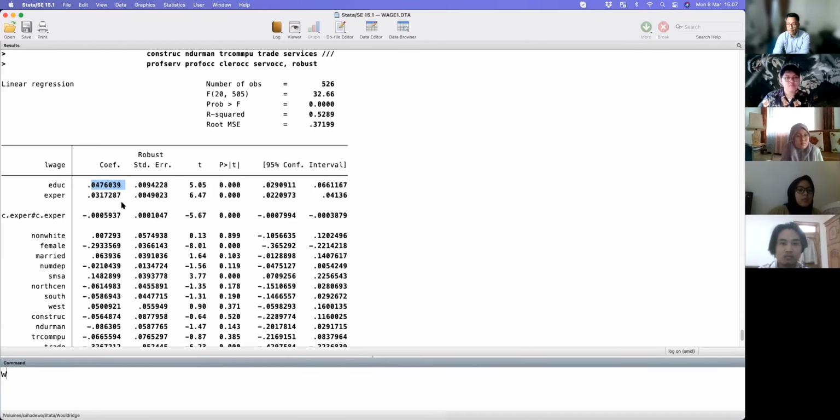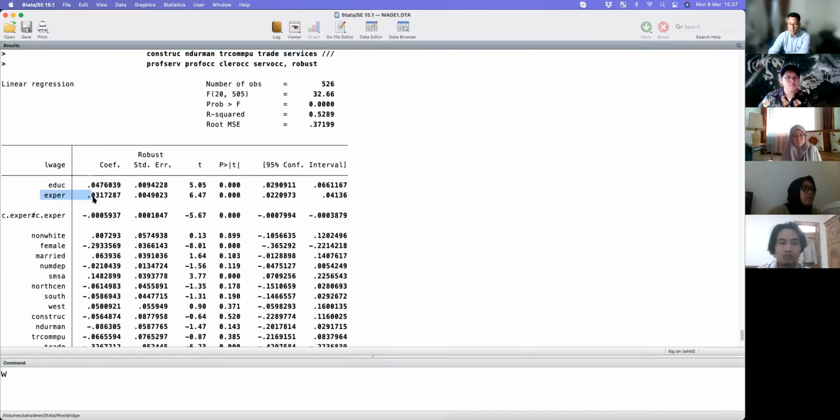Another interesting aspect is that the estimated coefficient for the experience variable is positive. However, the estimated coefficient for the squared experience is negative. The question is, are the experience variable and the squared experience variable statistically significant or not?